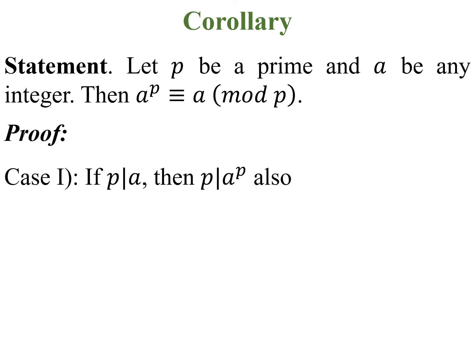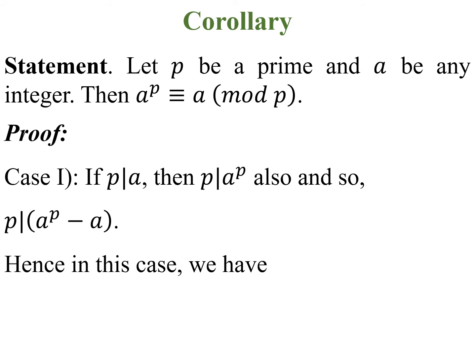In this way, P divides A raised to P also. Now P divides A and P divides A raised to P. Therefore, P divides A raised to P minus A. Okay. In this way, as P divides A raised to P minus A, by the definition of congruence, A raised to P becomes congruent to A modulo P. Okay. So this is very easy in the case when P divides A.